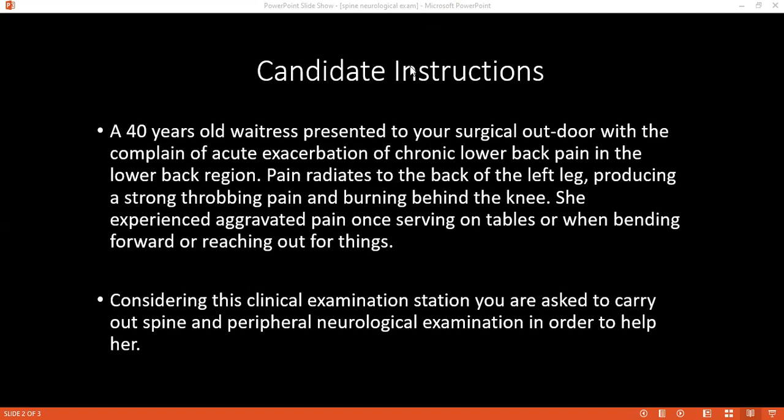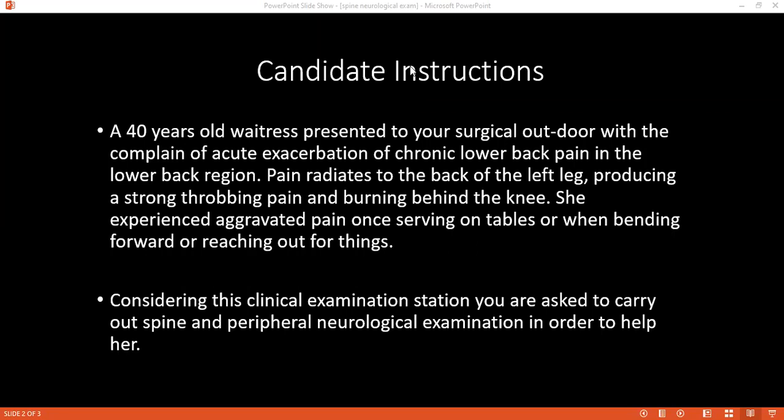I will also ask the patient to walk on the heels and then on the toes. And after looking, I will start feeling. I will feel the spinous processes and paraspinal muscles for any tenderness.